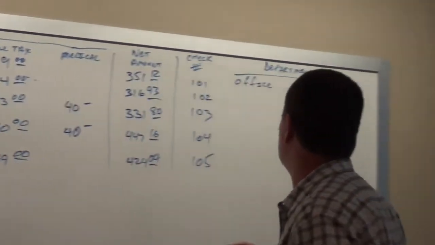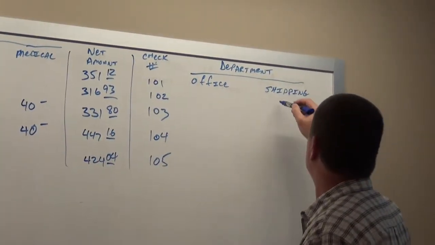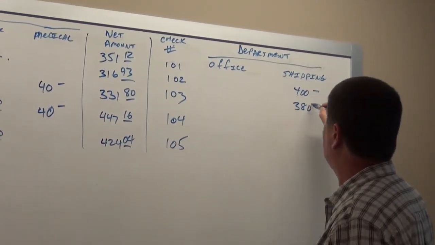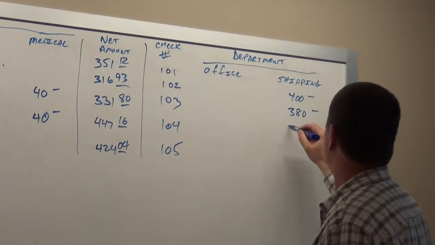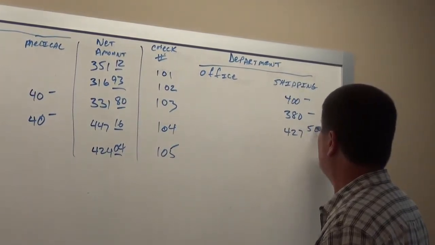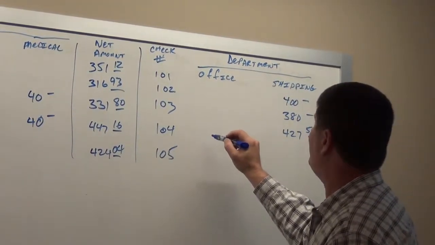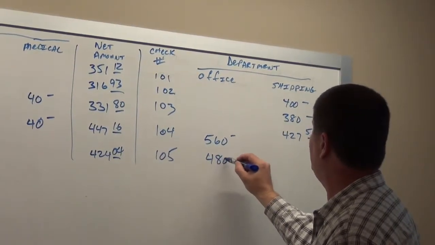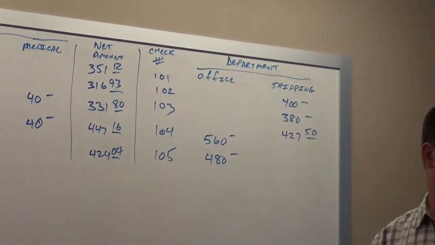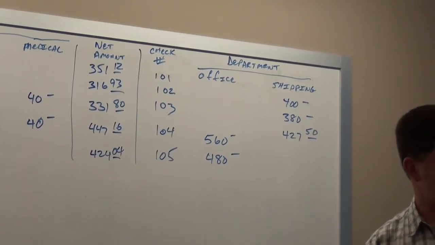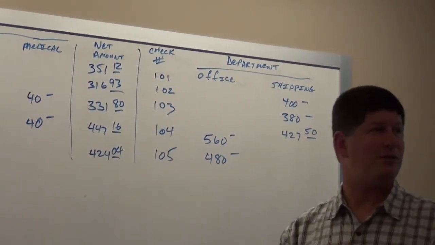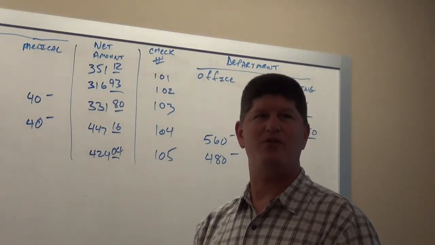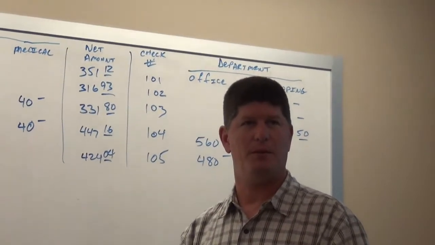So it's 400, 380, 427.50, 560, and 480. Thank you very much for catching that early, because it was about to be a problem. Everybody follows me on the payroll register so far?